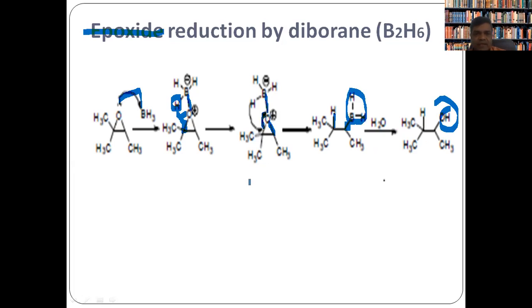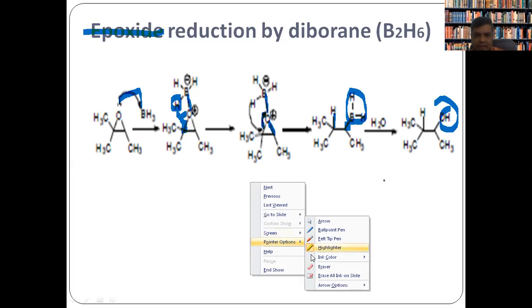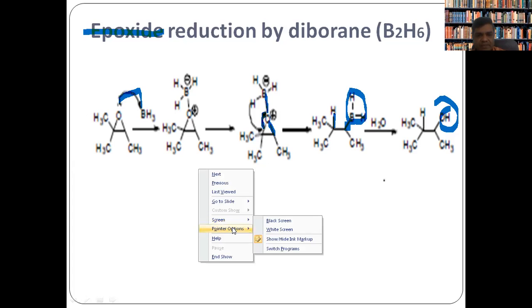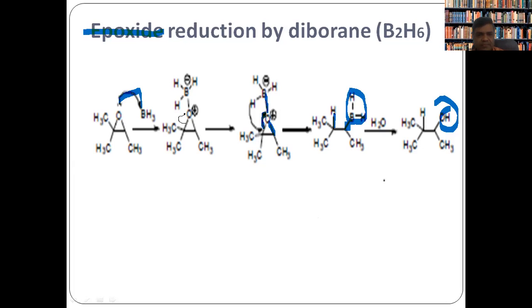Now, regarding the stereochemistry, just a minute, regarding the ring opening reaction, I want to tell you why the ring opening takes place from this side and not from this side.